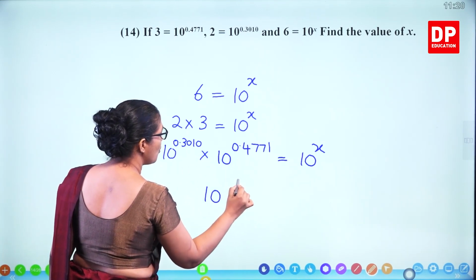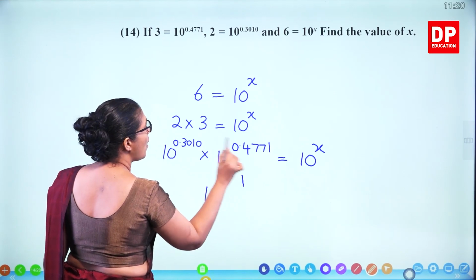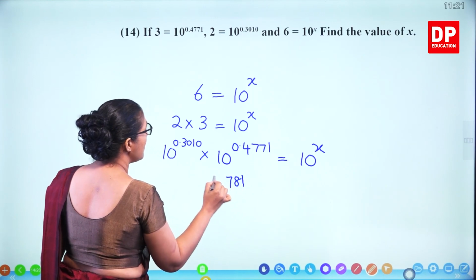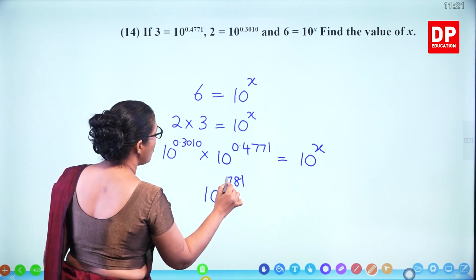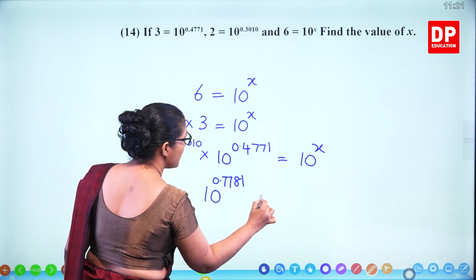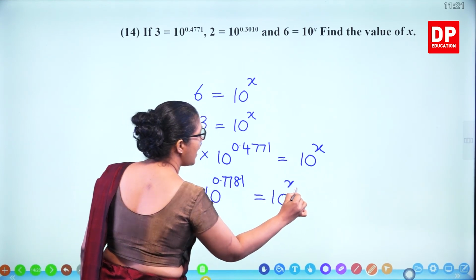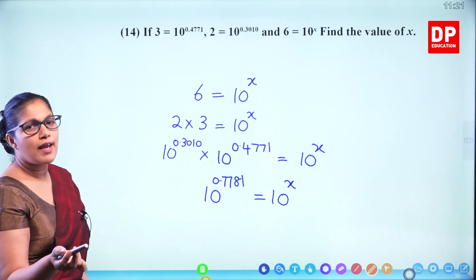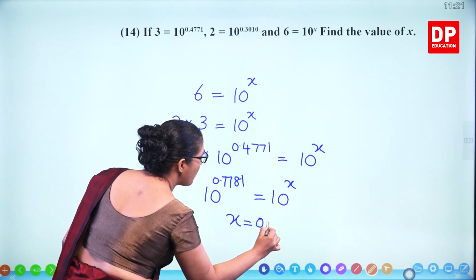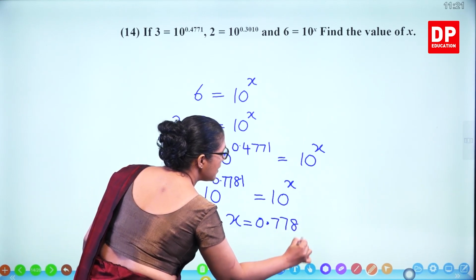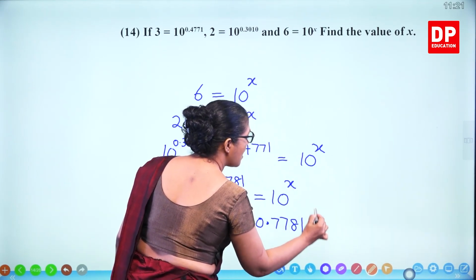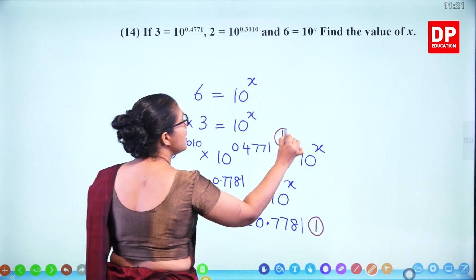You can add these two. 1 and 7, 8, 0 and 7, 7, 3 and 4, 7. So you get 0.7781 is 10 to the power x. Same base, you can compare the powers. So x becomes 0.7781. So 2 marks, 1 mark for the answer and 1 mark for the method.